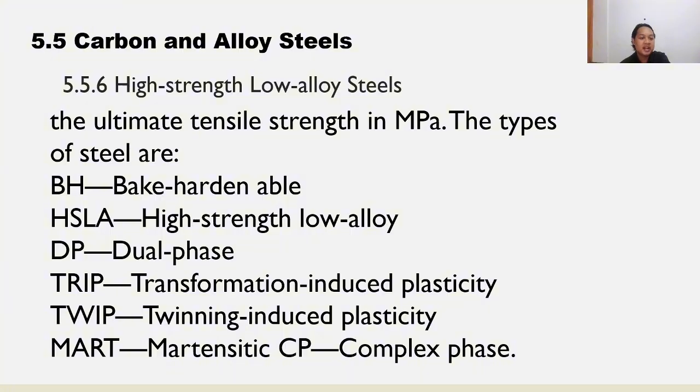The types of steel are BH, bake hardenable, high strength low alloy, dual phase, transformation induced plasticity, twinning induced plasticity, and martensitic and CP, complex phase.